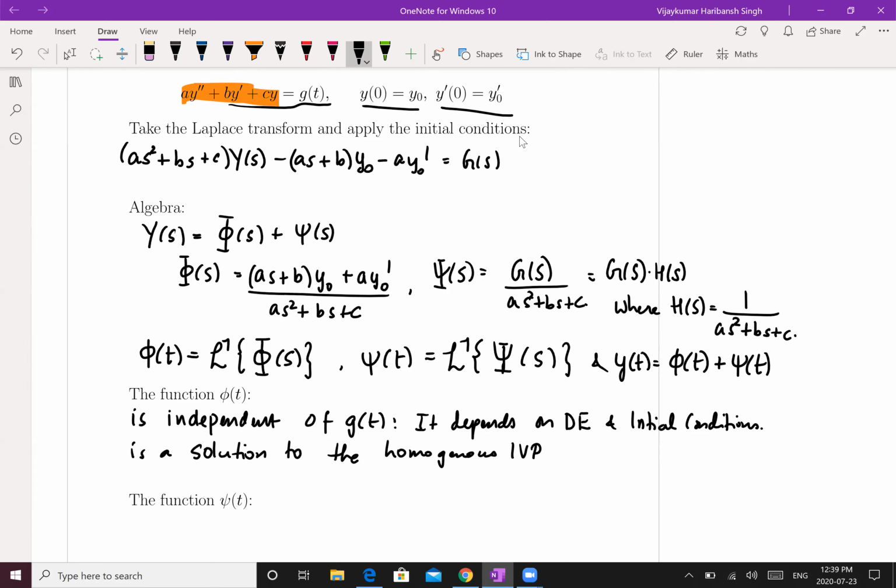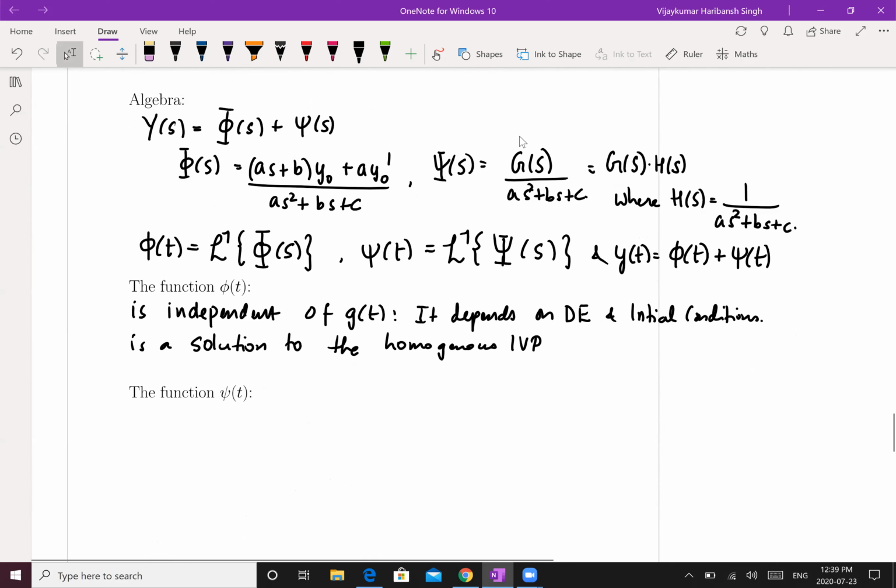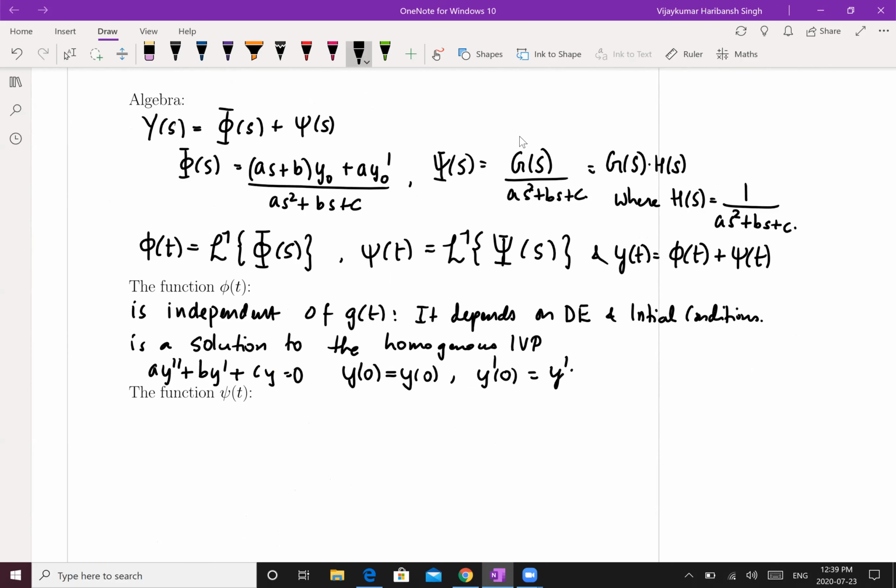What homogeneous IVP? You basically take this IVP here and you put g of t is 0. So what is the IVP then? a y double prime plus b y prime plus c y equals 0 with y of 0 equals y naught and y prime of 0 is some other number, y prime naught.